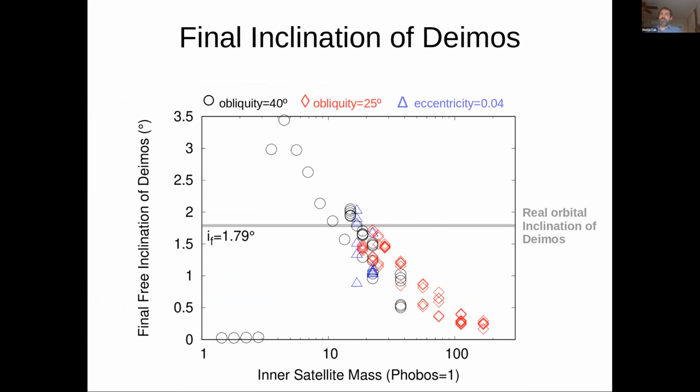And we tried a bunch of masses, and since the width of the resonance depends on the mass of the inner moon, the separation between neighboring resonances and the width of the resonance determine when the resonance will break, at which inclination of Deimos.